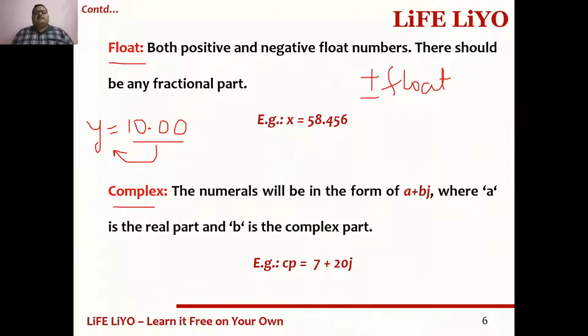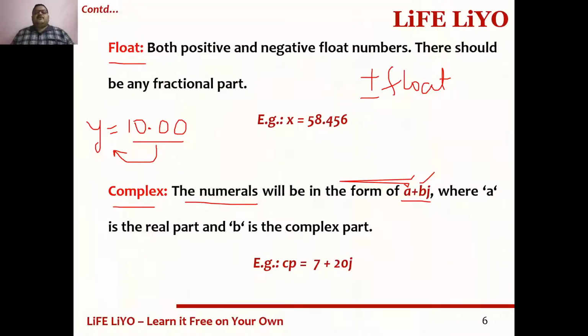Next, complex. The name itself tells that it represents the complex number system, that is a plus bj, where a is the real part of the value and b is the imaginary part.